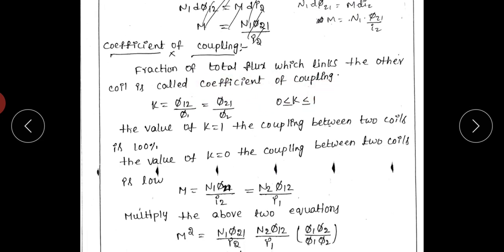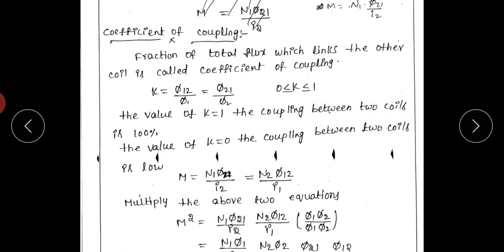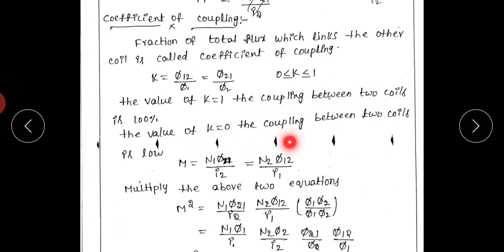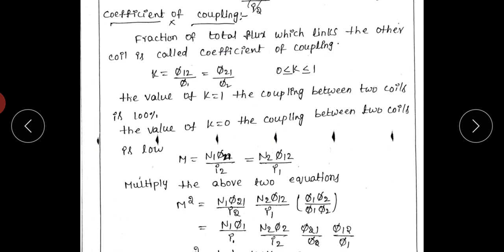So K equals phi12 by phi1. Here phi12 is the part of the first coil flux that links with the second coil, and phi21 is the part of the second coil flux that links with the first coil. So K equals phi12 by phi1, or it equals phi21 by phi2. If the value of K equals 1, the coupling between the two coils is 100%. If it equals 0, the coupling between the two coils is low.